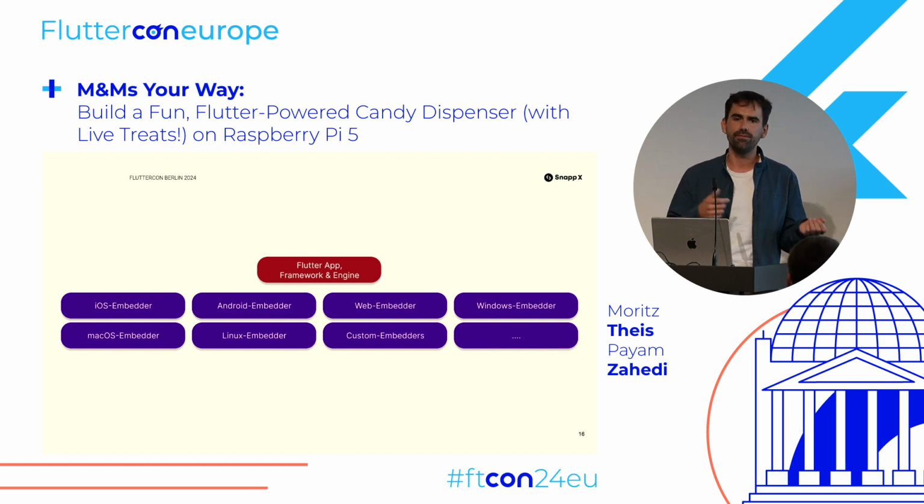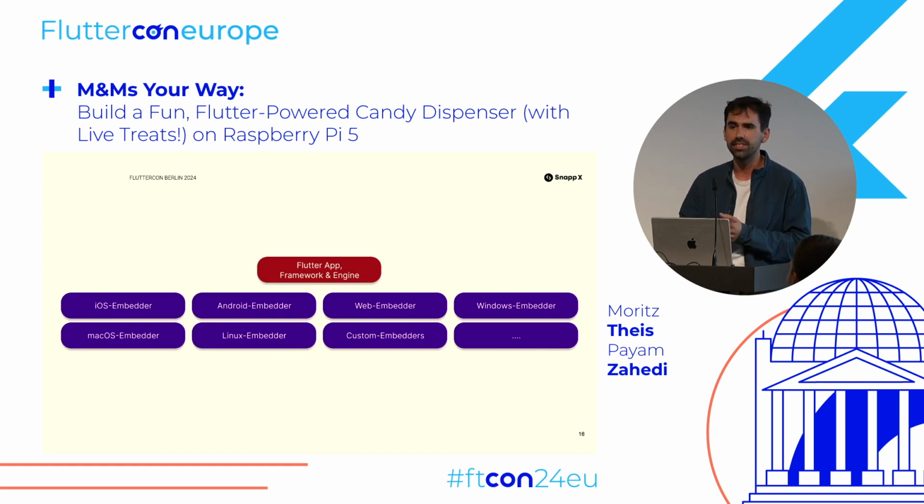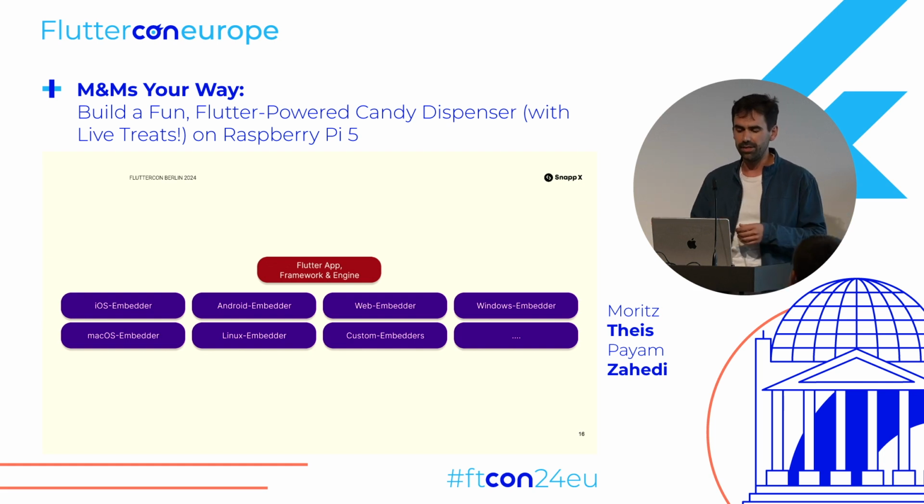If we run Flutter on iOS or web, we normally use the official embedders, which are shipped with Flutter. These connect Flutter applications to the target system where it is running. But besides those official embedders, there is also the option of using custom embedders for devices and platforms that are not yet officially included.